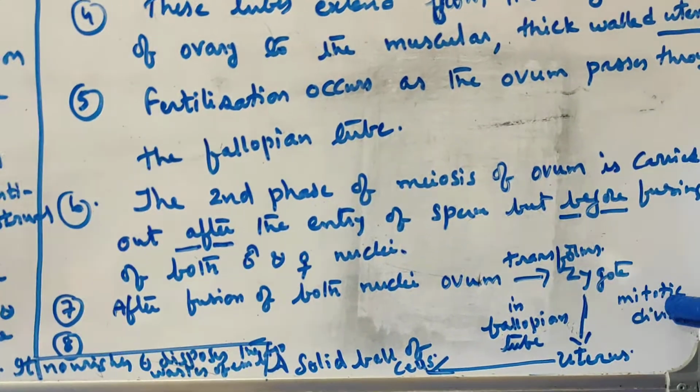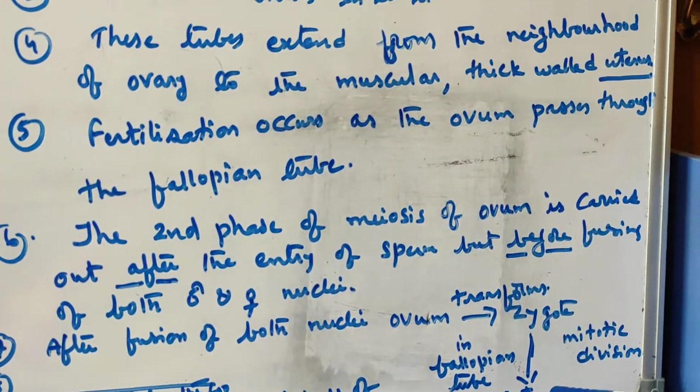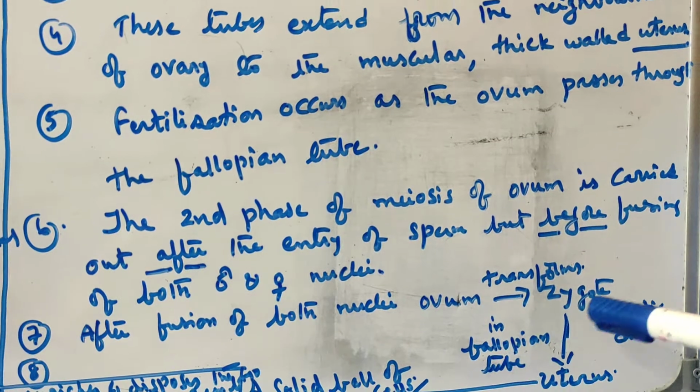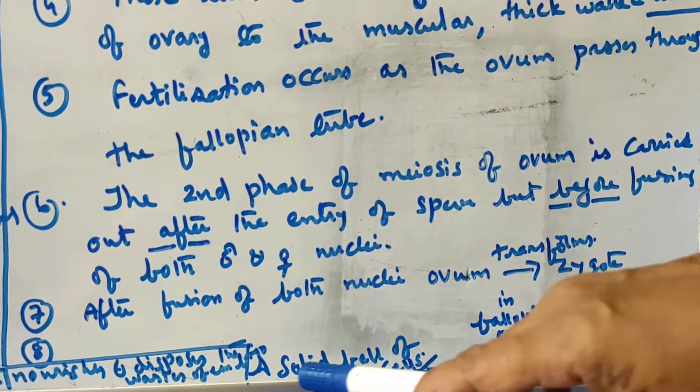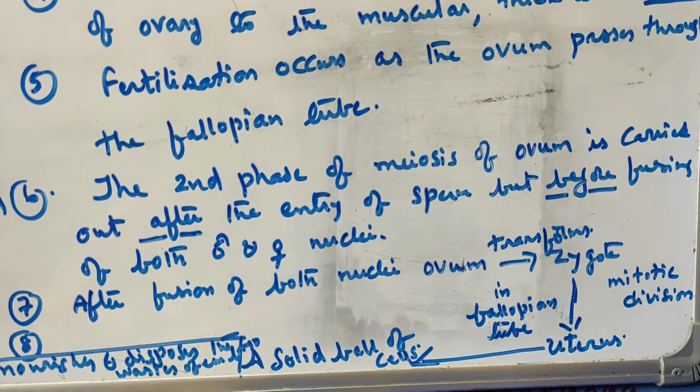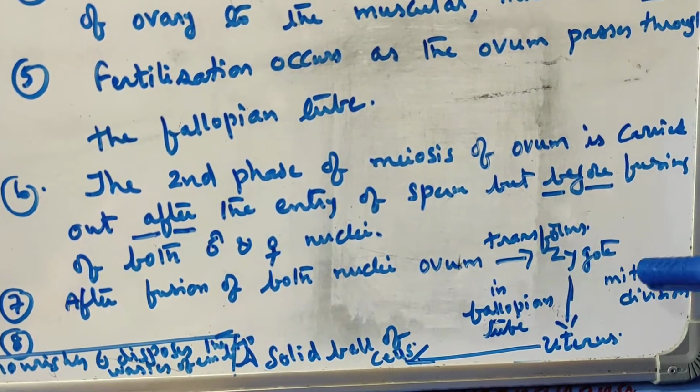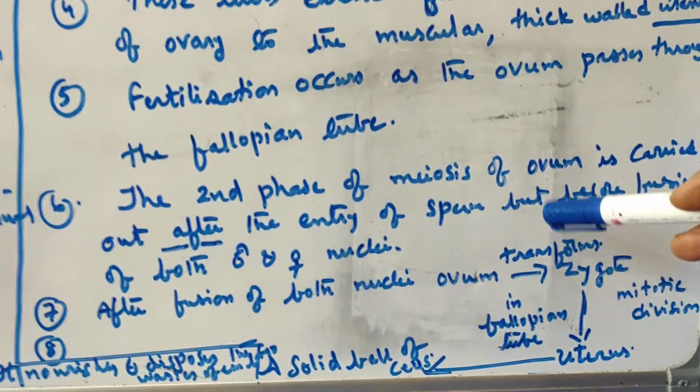Then the zygote undergoes mitotic division in the fallopian tube. Then it enters into the uterus, and here in the uterus it develops into a solid ball of cells. It undergoes a number of divisions, and the new life starts there.